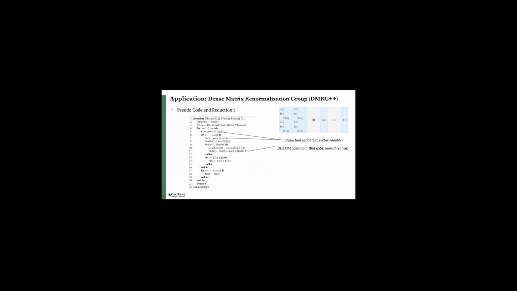We currently use the non-threaded version. I don't know if people are familiar with how the threaded version works, but you always have to tell the compiler at compile time how many threads you want to use for ESSL, using OMP num threads.